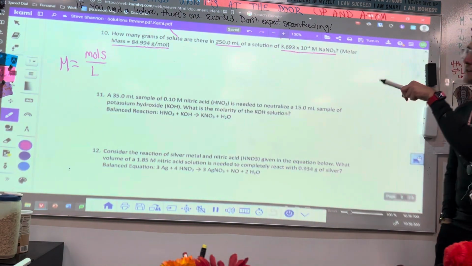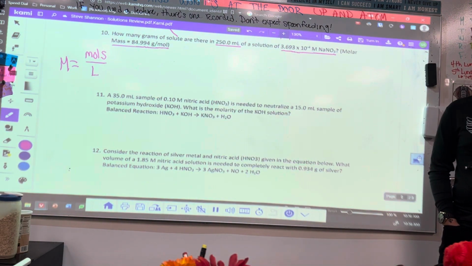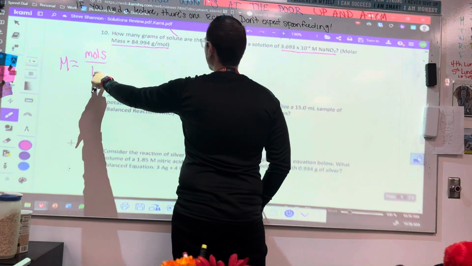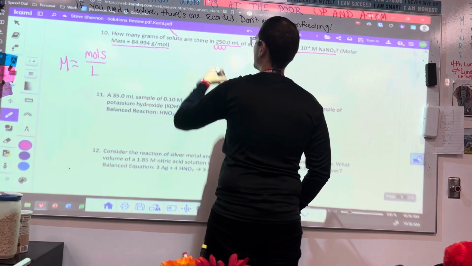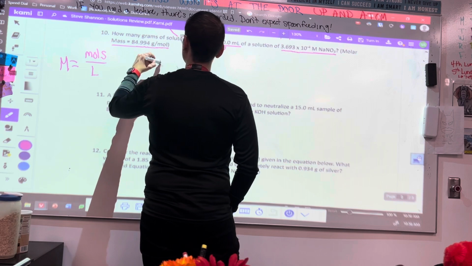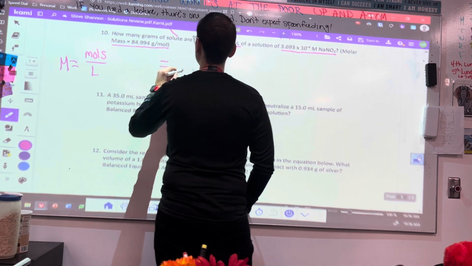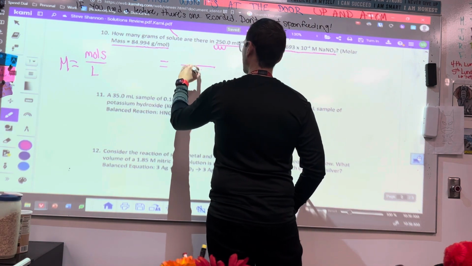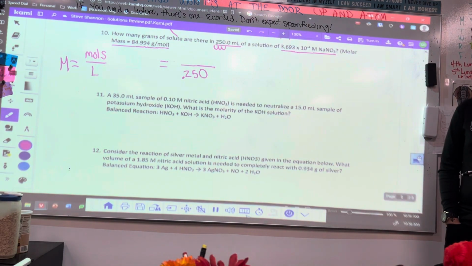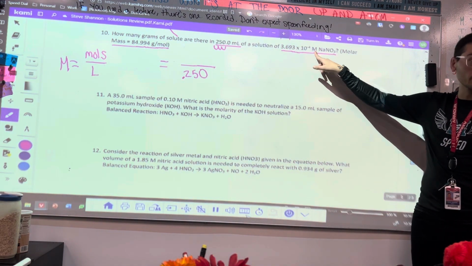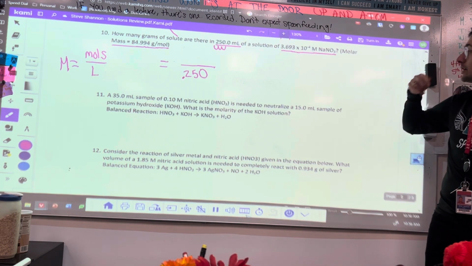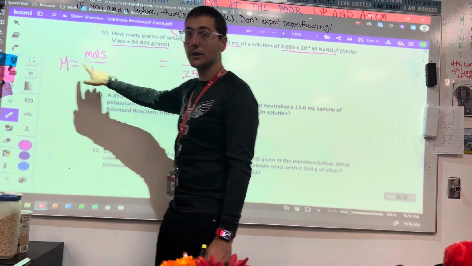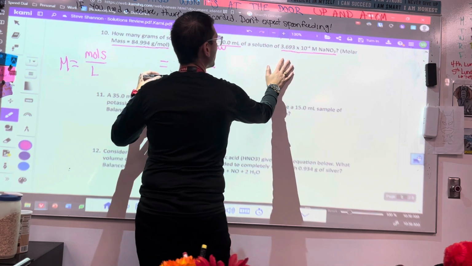And now I can fill in that equation based on what I've been given. I was given 250 milliliters. And so I can put that in for liters. All I have to do is move the decimal 3 times. So I can say that my liters down here is 0.250. And I was given a capital M molar of NaNO3. So I know that can go right here. My molarity is given to me at 3.693 times 10 to the negative 4.